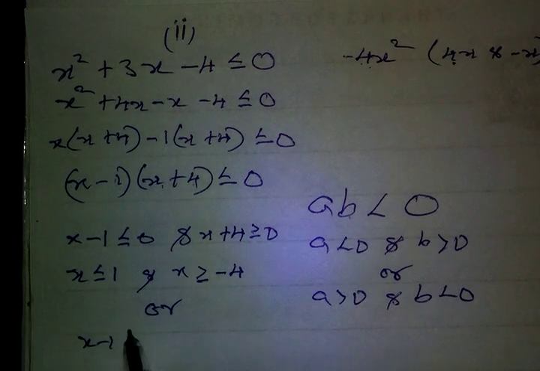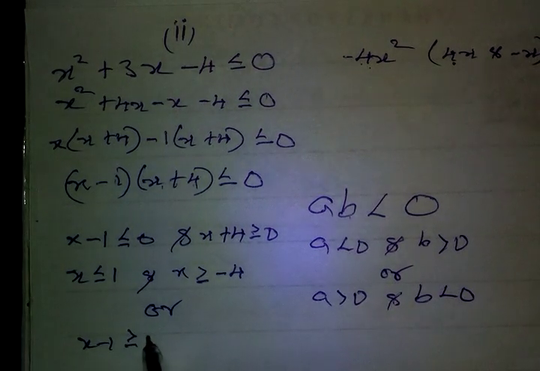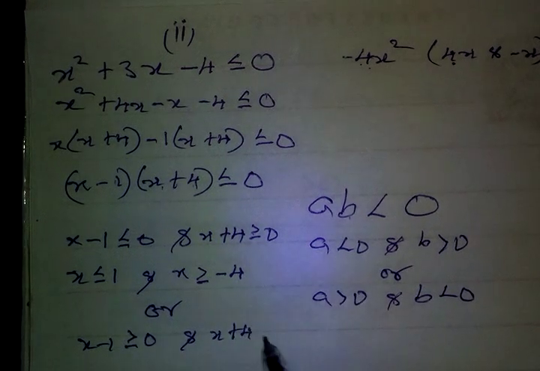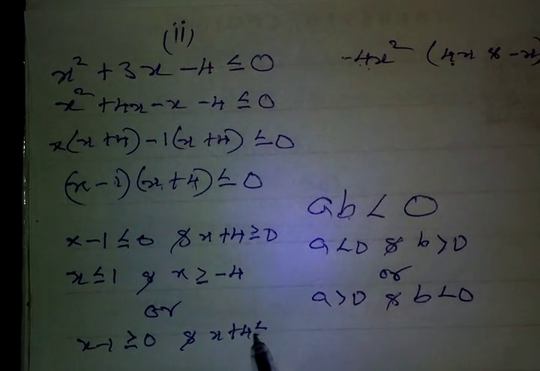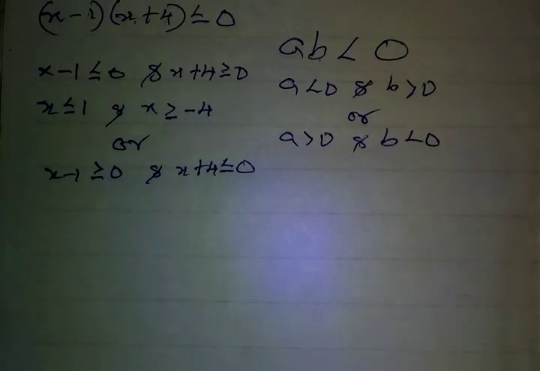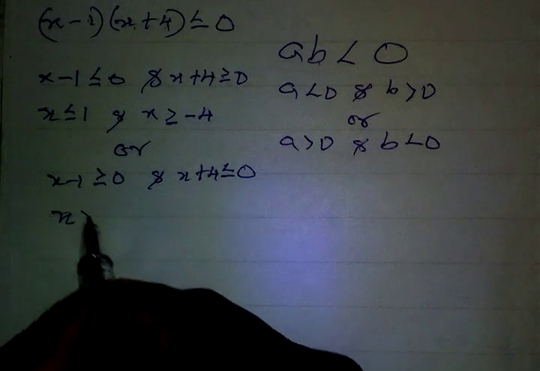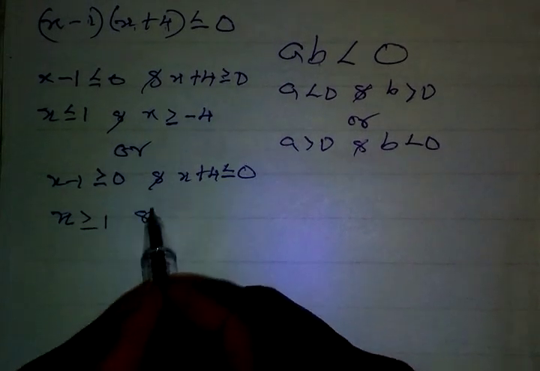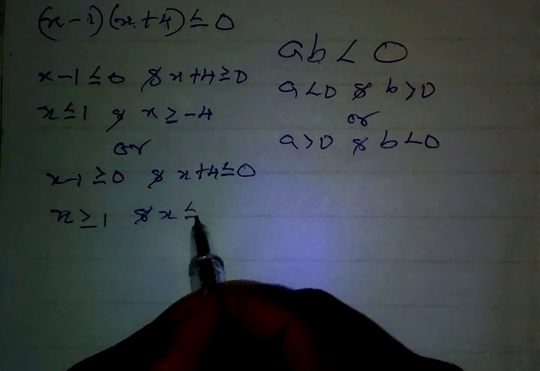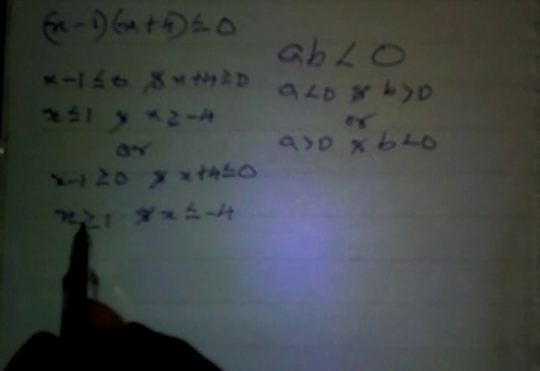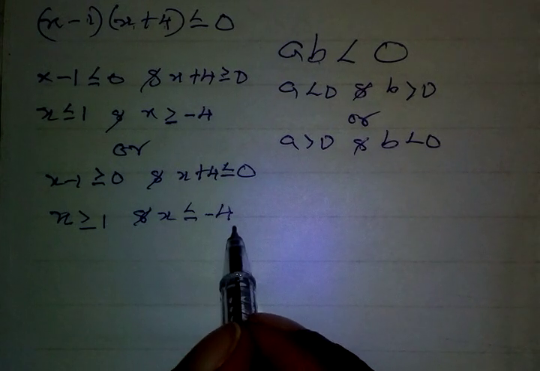x minus 1 is greater or equal to 0 and x plus 4 is less or equal to 0, and x is greater or equal to 1 and x is less or equal to negative 4. So you see, it's not possible for us to have x to be greater than 1 and at the same time x to be less than negative 4.